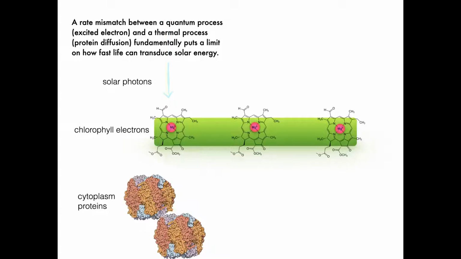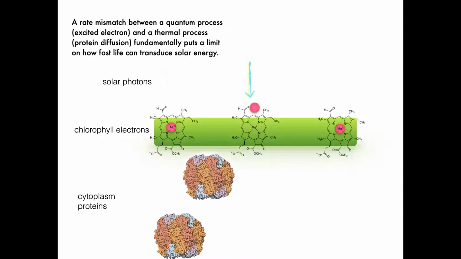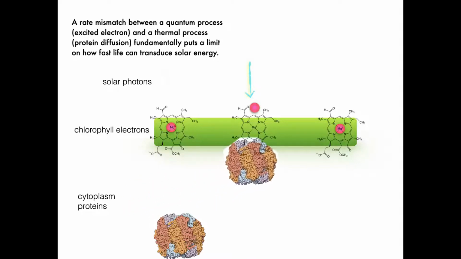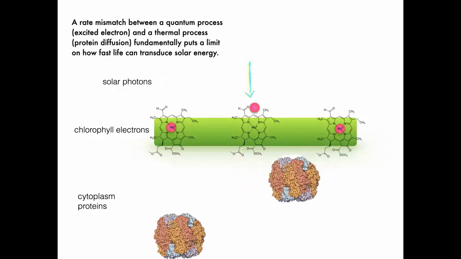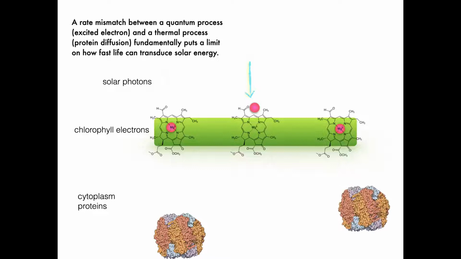The reason we think that we understand this is because in high light terrestrial systems, photosynthesis gets inefficient because there's a fundamental mismatch between rate processes.